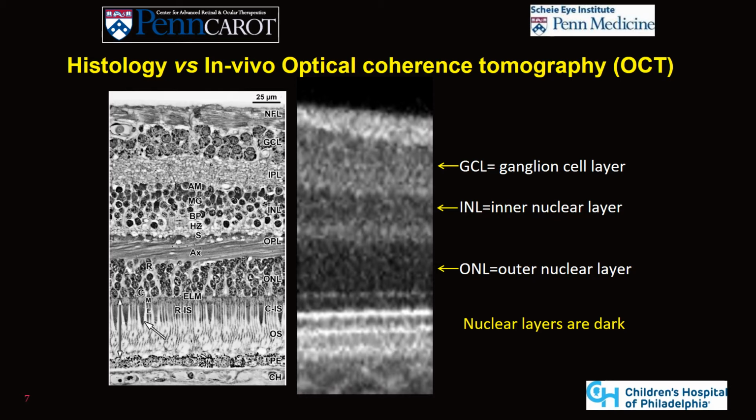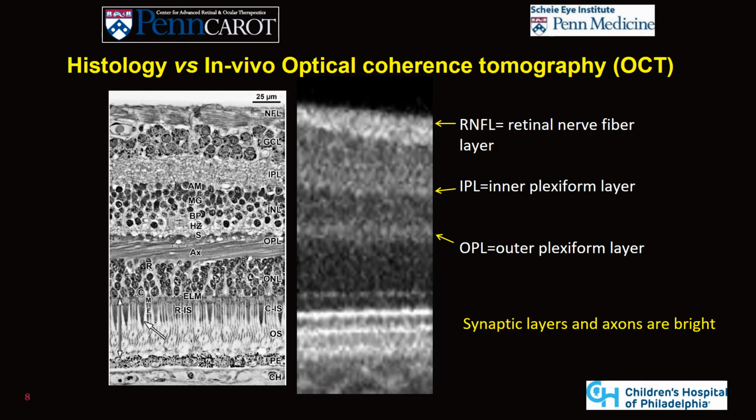The picture to the left is a cross-section from a histological sample. To the right is a retina in cross-section through this modality, OCT. Each one of the nuclear layers are actually dark in this type of representation, and you can see the three layers of the cake, as I usually call it.